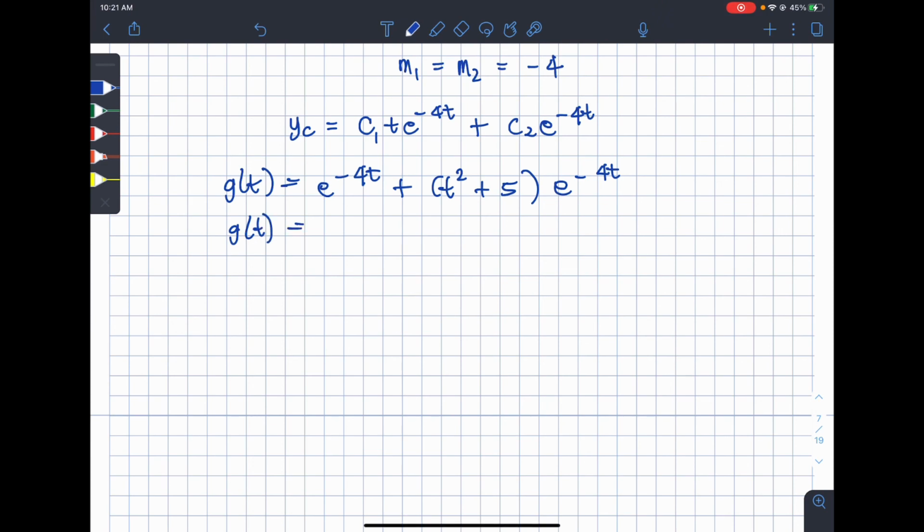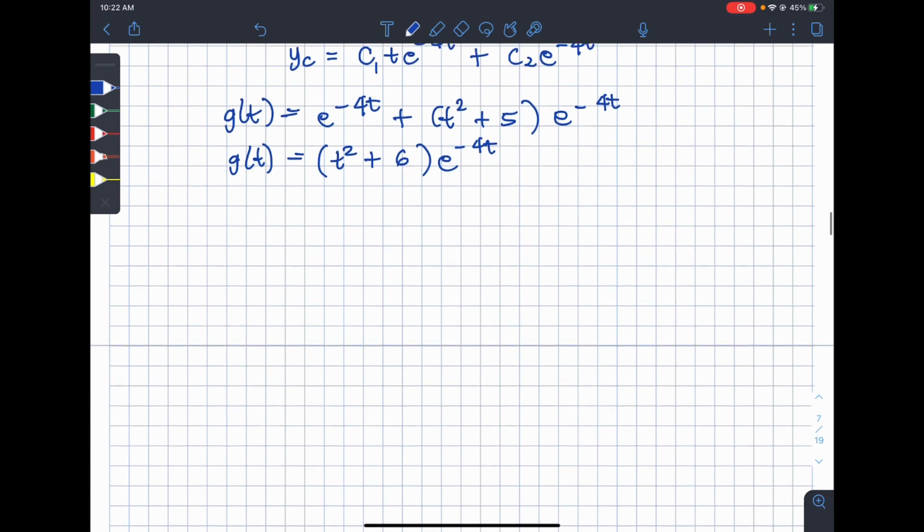This is e raised to negative 4t plus 5 e raised to negative 4t, which is the same as t squared plus 6 times e raised to negative 4t, since 1 plus 5 is 6. So supposedly our y of p should be a t squared plus b t plus c, then multiplied with e raised to negative 4t.